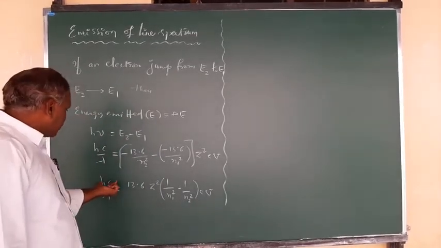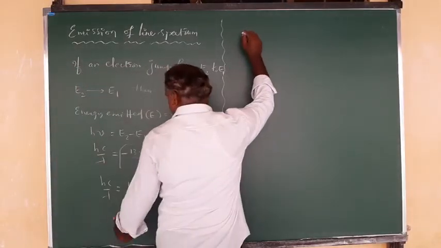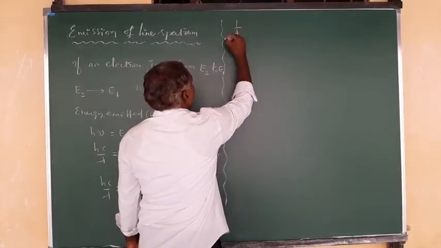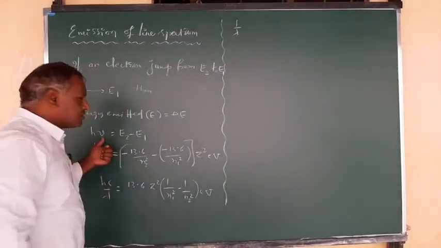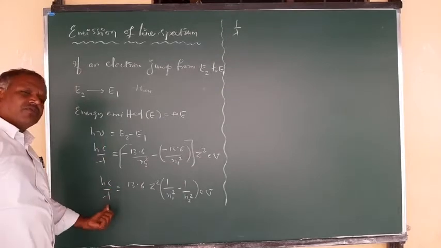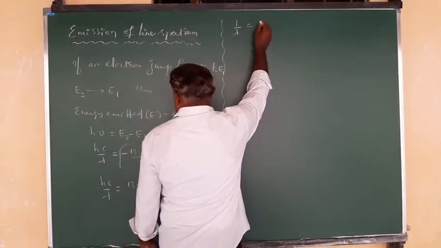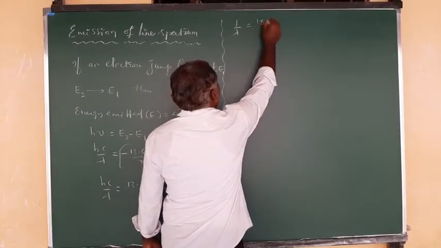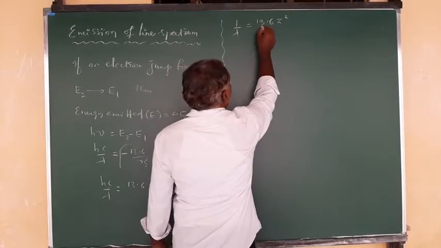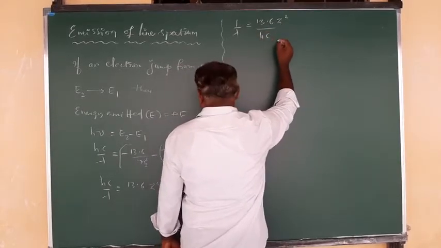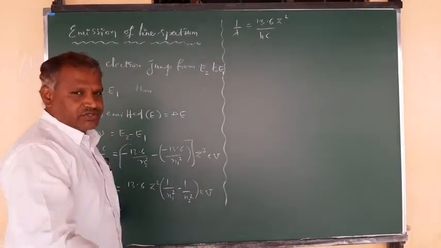Now you put the H C on this side. Then what do you get here? You observe 1 upon lambda. You can calculate the frequency, or else you can calculate the wavelength also. So 1 by lambda is equal to 13.6 into Z square upon H C, and I will convert these electron volts into joules, so you can get the wavelength in meters, right?